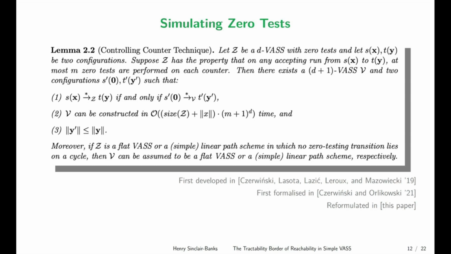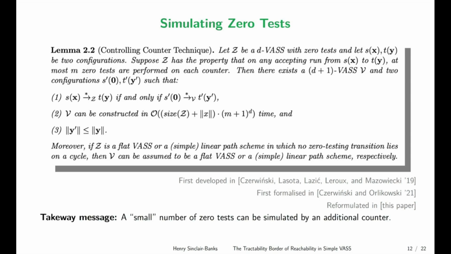So in this case I'll feed in a 2-VASS with 0 tests and pull out a 3-VASS without 0 tests. Reachability is preserved. It can be constructed fairly quickly and it's not too big. It's not that interesting. We'll use that as a black box. But the main takeaway message from this lemma is if you have a small number of 0 tests, which we do because they're on the skeleton underlying, there cannot really be that many down there, then you can simulate those 0 tests with another counter. The reason I'm talking about this is because the ideas are not really involved.